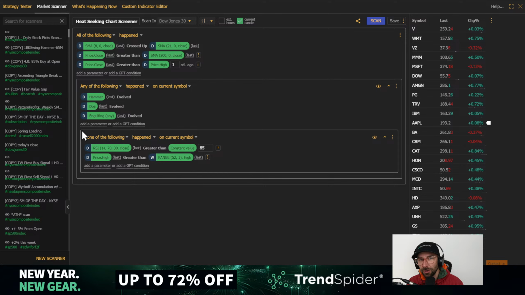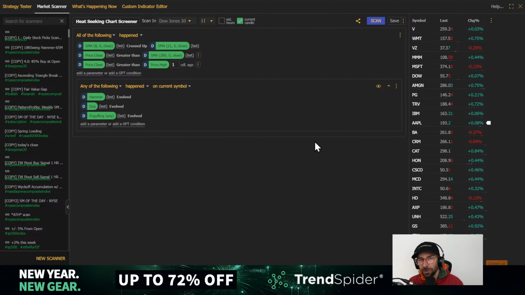Well, what if I wanted this none of the following condition to be a part of the all of the following? Because essentially what we're looking for is that these three things are true, and either a hammer, a doji, an engulfing. So we can remove this.